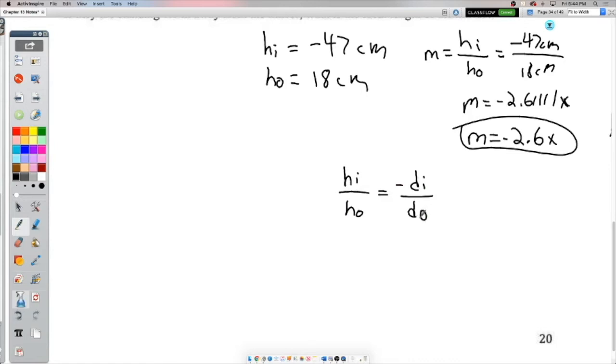Yes, I could use m, but that was a calculated value, so let's just play it safe and use the ones the question already gave us. So I can multiply both sides by negative do, because then the negative cancels and so does the do. Then we have that the distance of the image will be negative do hi over ho.